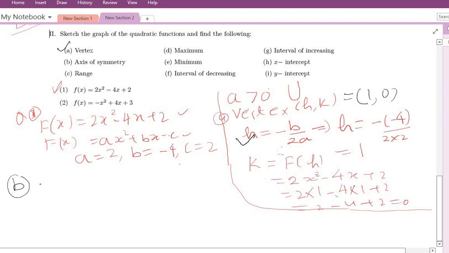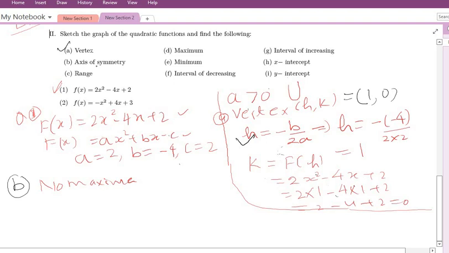Now I'm going to calculate B. B means maxima. Because a is positive, there is no maxima.